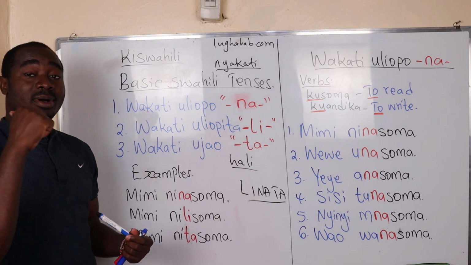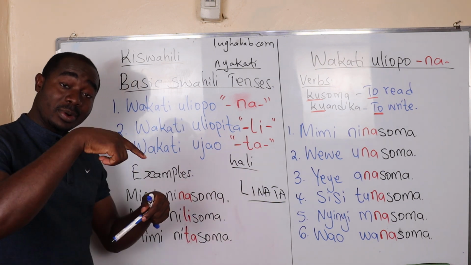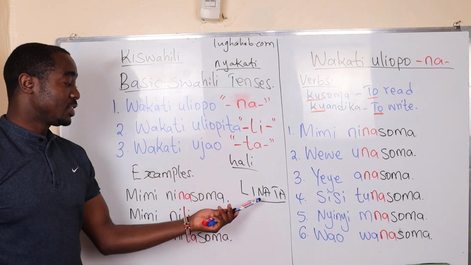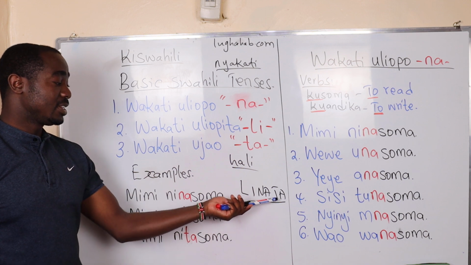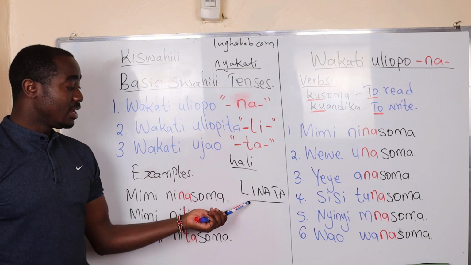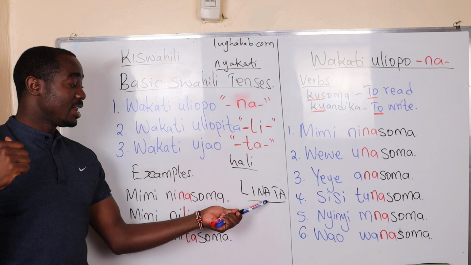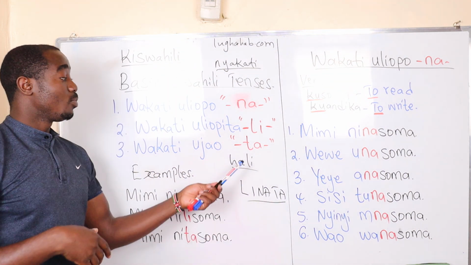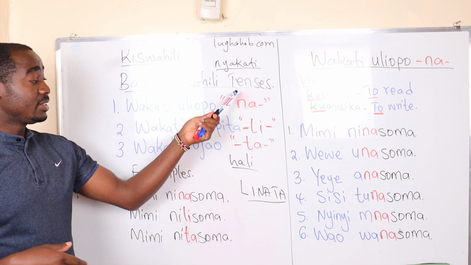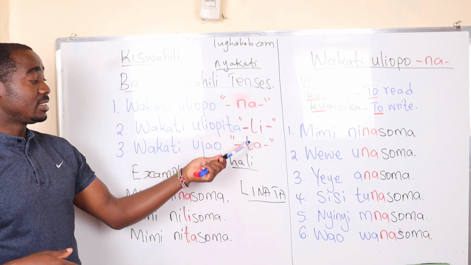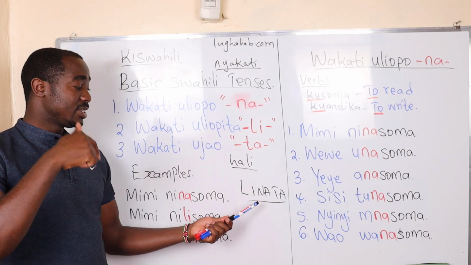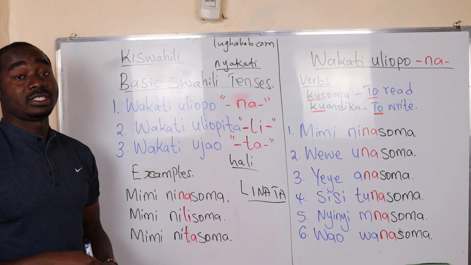Li means past, then na present, then ta future, because of the position of these prefixes in this word linata. Li for the past, na now, ta future. But just know that li is past, na is present, and ta is future tense.